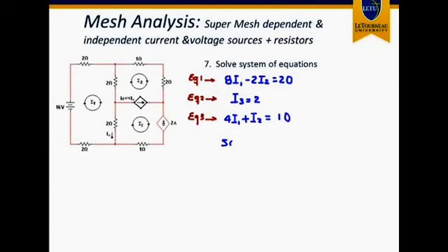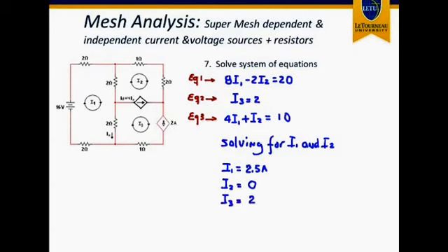If we solve for I1 and I2, we find that I1 is going to be equal to 2.5 amps. I2 is going to be equal to 0. I3 was given as 2 amps, and so combining I1 and I3 gives us Ix as I1 minus I3 equal to 0.5 amps.